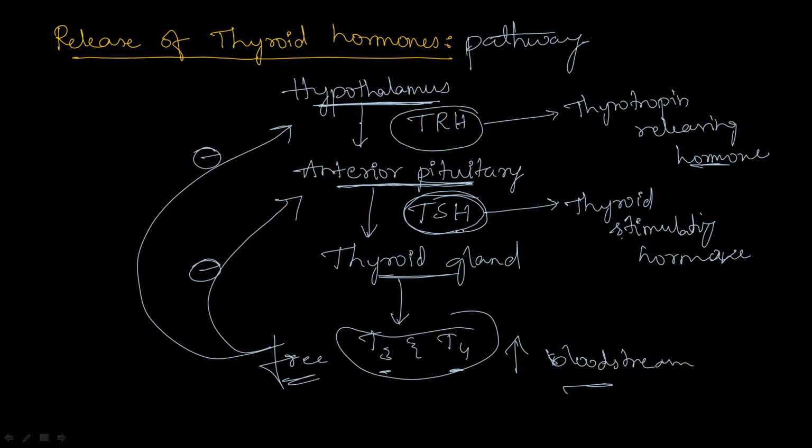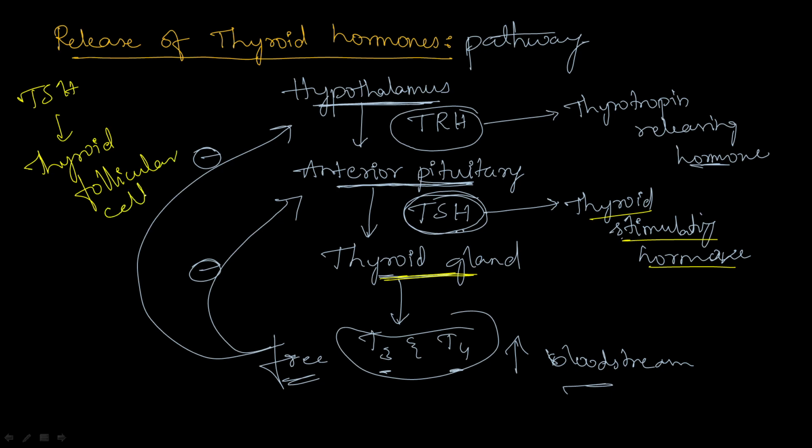Actually this TSH, that is thyroid stimulating hormone, acts on the thyroid gland. Actually TSH acts on the thyroid follicular cells. These thyroid follicular cells are present inside the thyroid gland.